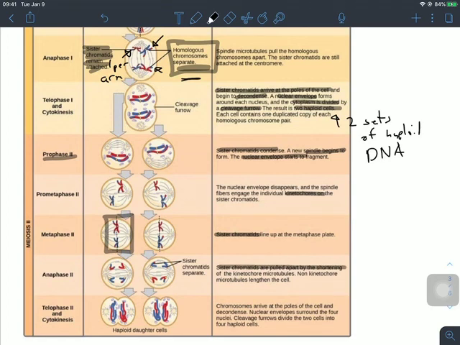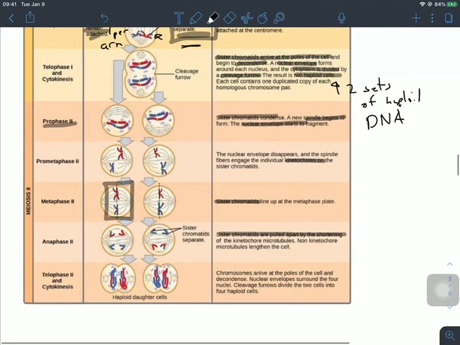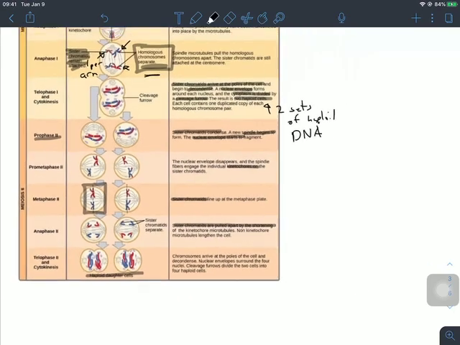In anaphase 2, your book is particularly specific on this, that the sister chromatids are pulled apart by the shortening of the kinetochore microtubules. So they basically just start to pull in that rope. And then, of course, at the end, we have 4 haploid daughter cells. They're generally referred to as daughter cells.